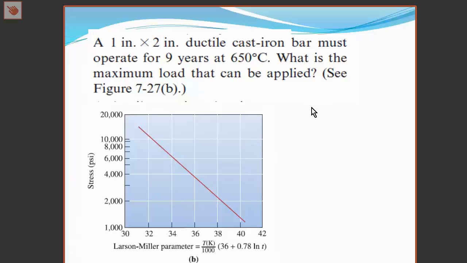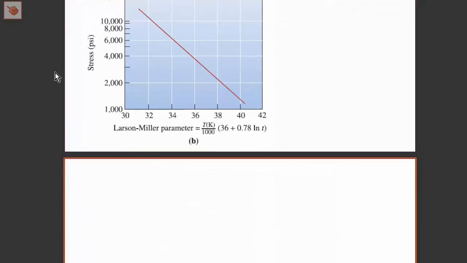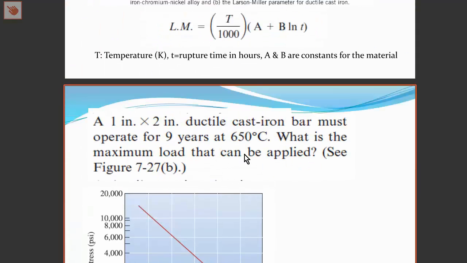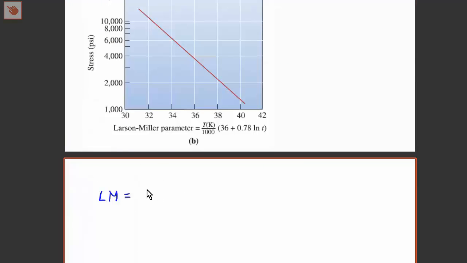Okay, so let's see how to do that. First, for the time and temperature, the Larsen-Miller parameter is 650 plus 273, that's Kelvin. Divide that by 1,000.